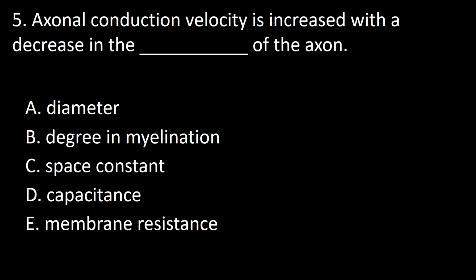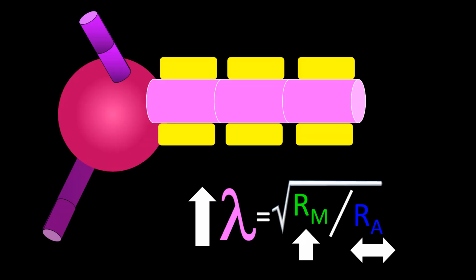Next question. Axonal conduction velocity is increased with a decrease in the dash of the axon. A. Diameter. B. Degree of myelination. C. Space constant. D. Capacitance. E. Membrane resistance. We already determined that myelination increases length constant and that increased length constant increases conduction velocity.